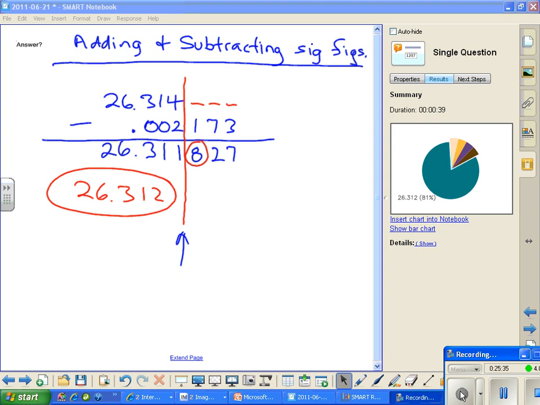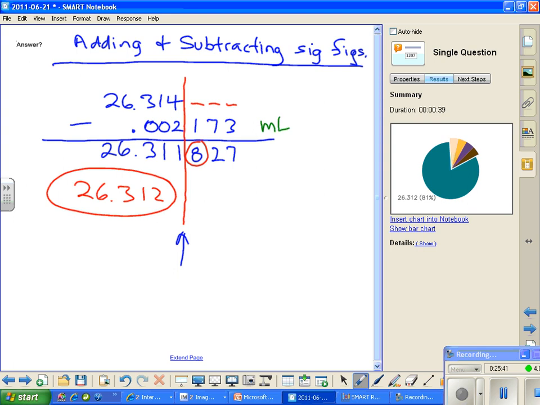I wanted to go back and point out what happens when we multiply with units of measure. If this is mils and this is mils, it multiplies. And mils times mils is what? Mils squared.